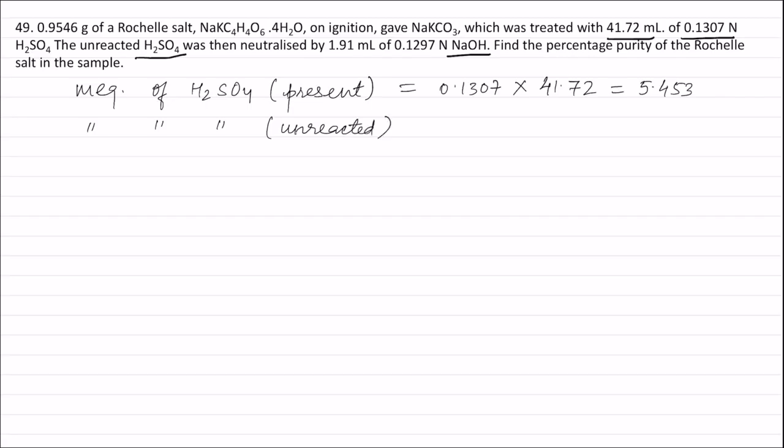Now milliequivalents of H2SO4 unreacted will be equal to normality of NaOH, given as 0.1297, times volume of NaOH, that is 1.91 milliliters, and this is equal to 0.248 milliequivalents.